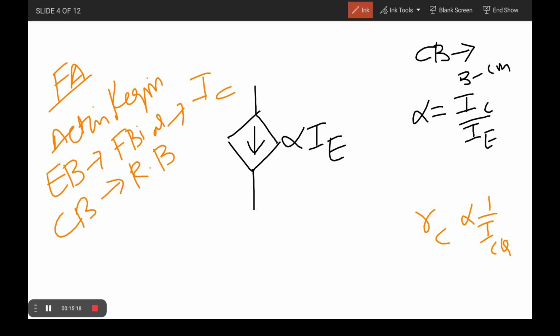At the same time, the output resistance R0 is equal to VA by ICQ, where VA is nothing but the early voltage. Therefore, due to the slope nature it also has some resistive nature, that is nothing but some resistance.